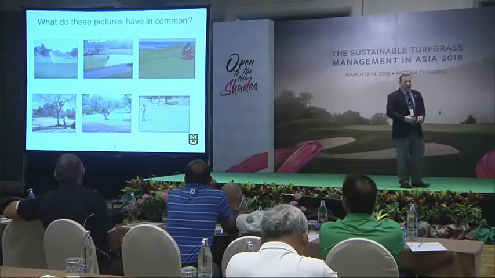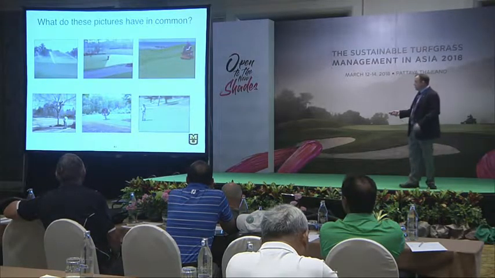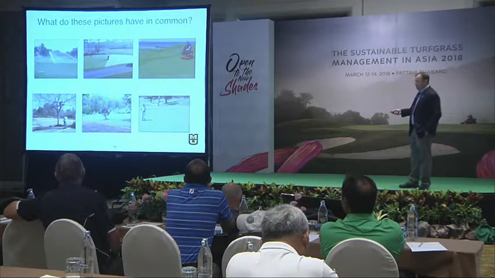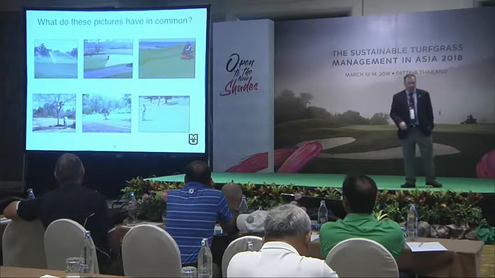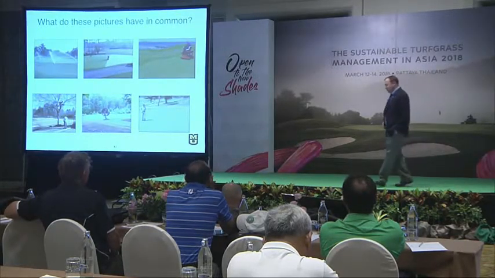Look at these pictures, and what do all these pictures have in common? Here we've got irrigation, so that one might not make sense. But here we've got mowing, rolling, removing or pruning limbs, and this is a fan. And lastly, this one should be a really good hint.